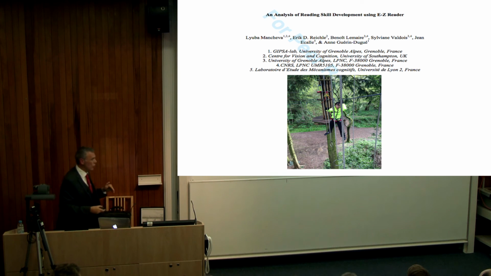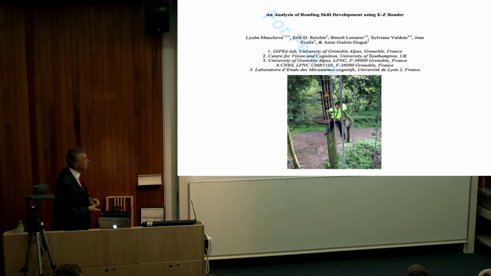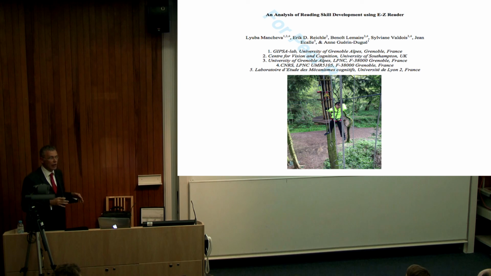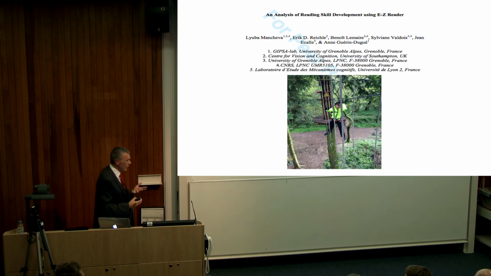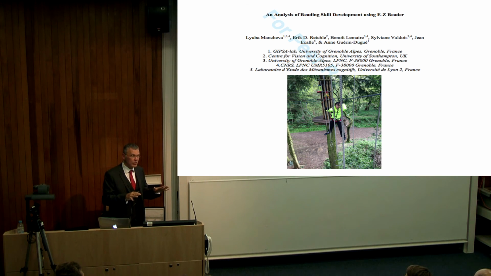Okay, since that time I've been working on a number of follow-up projects. One of these is with a PhD student in computer science who came to my lab just this past year, a few months ago. And she was interested in individual differences in reading skill and its development. And she had a large corpus of eye tracking data that she had collected with French speakers, adults and children.